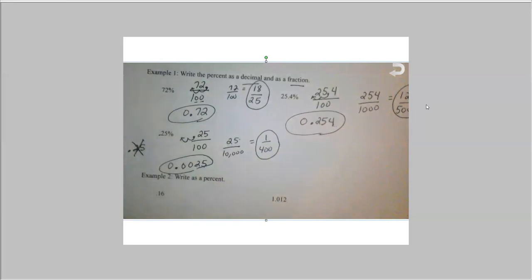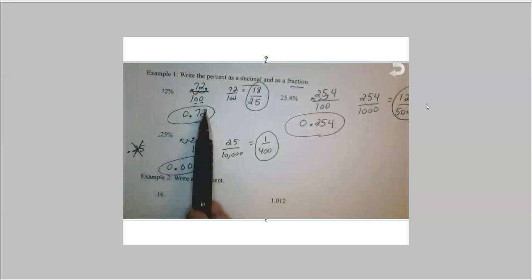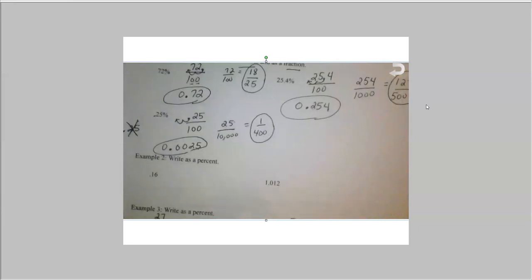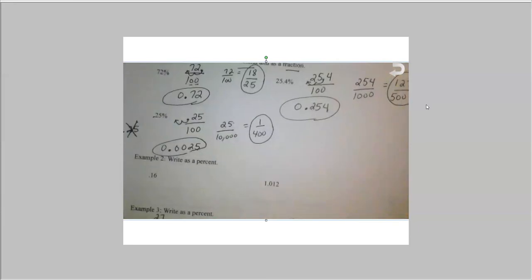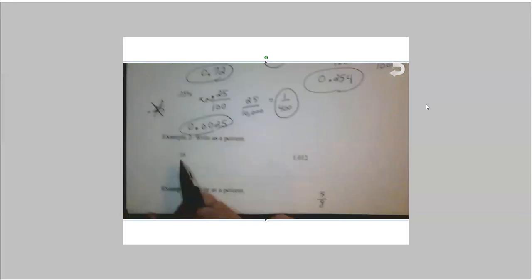Right, so I want you to think about what we've just done. When I have a percent, I divide it by 100. I move the decimal 2 spaces to the left. What do you think I'm going to do when I want a percent? Okay, I'm going to need to do just the opposite. I have a decimal.